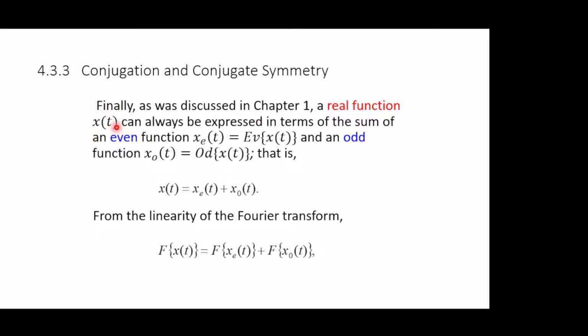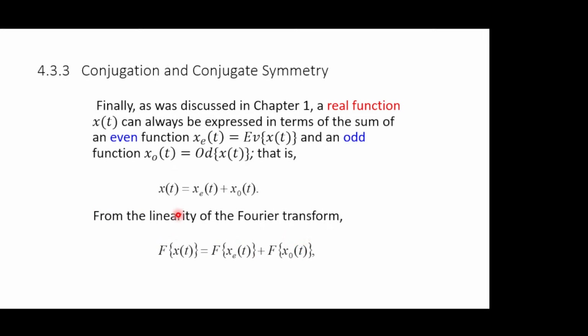For any x, we can break it into the even part and odd part, as we saw in chapter 1. By linearity, when you do the Fourier transform it becomes the even part and odd part. Okay.